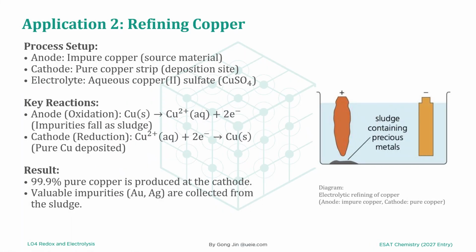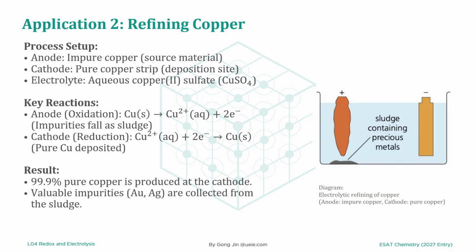Another important application is refining copper. Copper ore gives us impure copper, which isn't good enough for electrical wires. Electrolysis to the rescue. We use an impure copper anode and a pure copper cathode, with copper sulfate solution as the electrolyte.